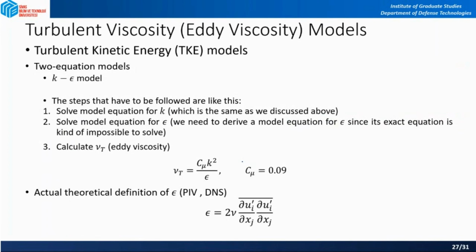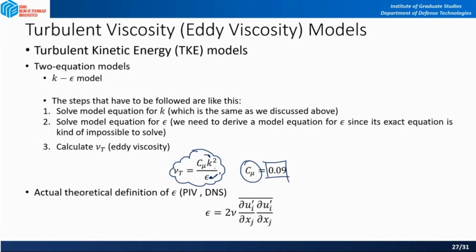Then you can calculate your nu T, your eddy viscosity, from this relation. So you have your K, you have your epsilon. What you need is another constant, C mu, which is more or less equal to 0.09.